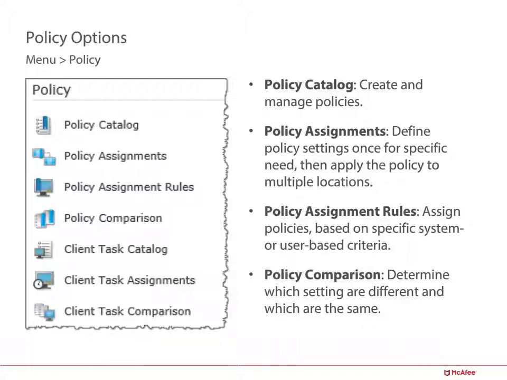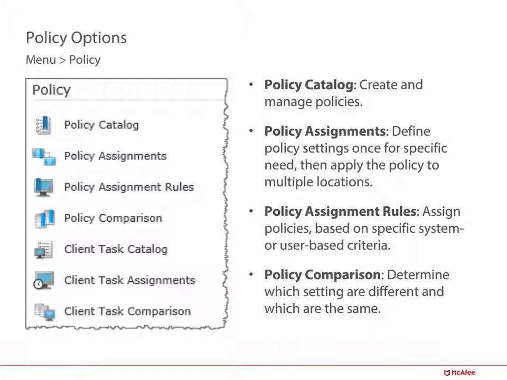The policy assignment rules are where I can reduce the overhead of managing the different policies for my individual users or systems by having a specific criteria set. If those people have to have those specific policies, I can have that policy assignment rule follow them wherever they are.